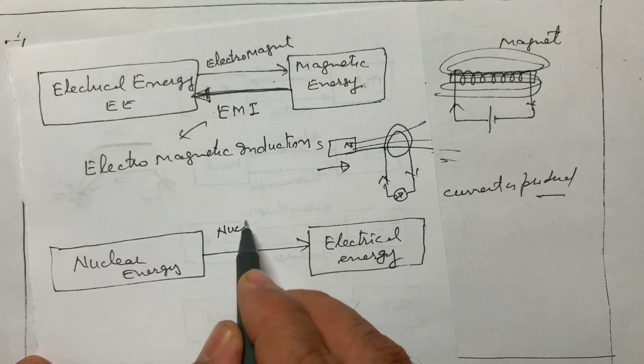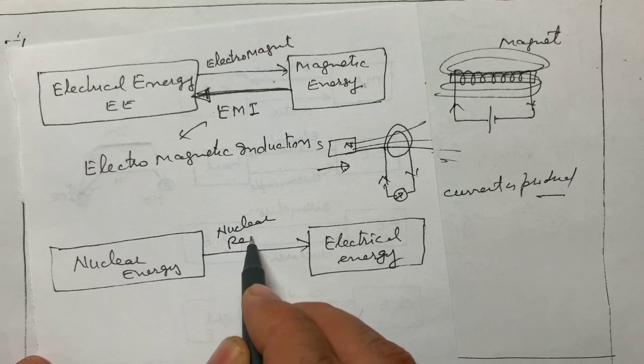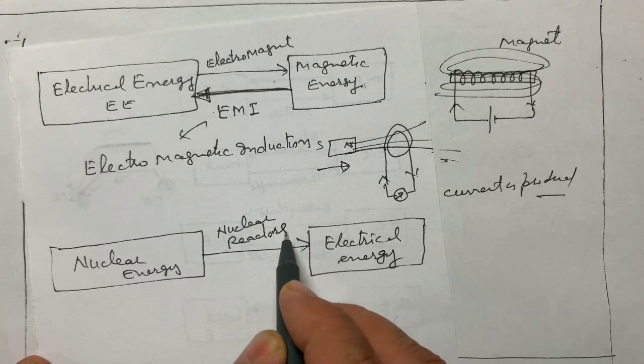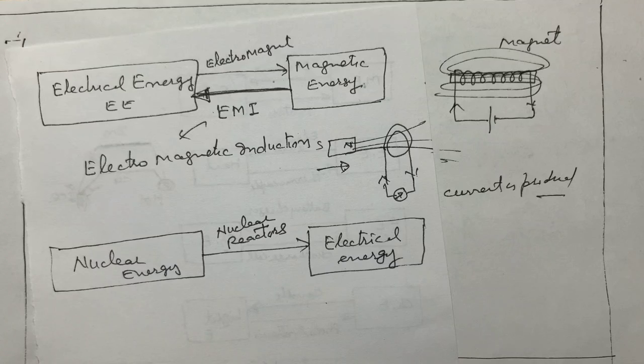This is known as nuclear reactors, nuclear power plants. Nuclear power plants are used to convert nuclear energy into electrical energy.